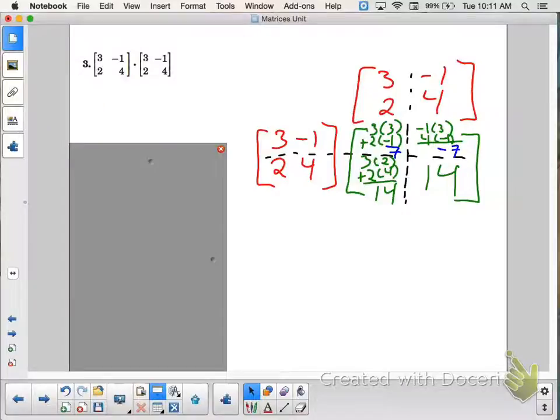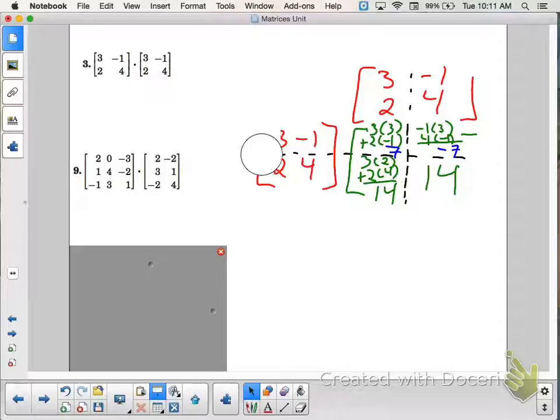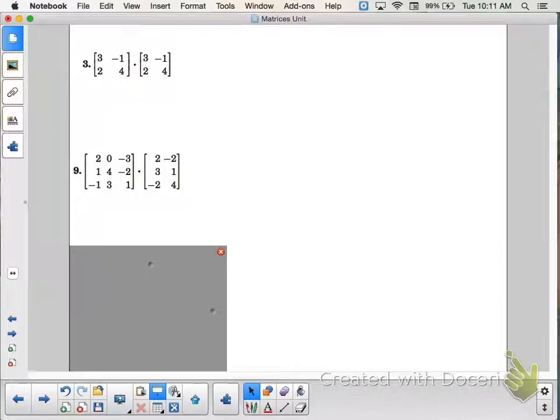Okay. If you don't have a sheet of paper out, go ahead and get a sheet of paper out. I want you guys to do this one. Bring it back.